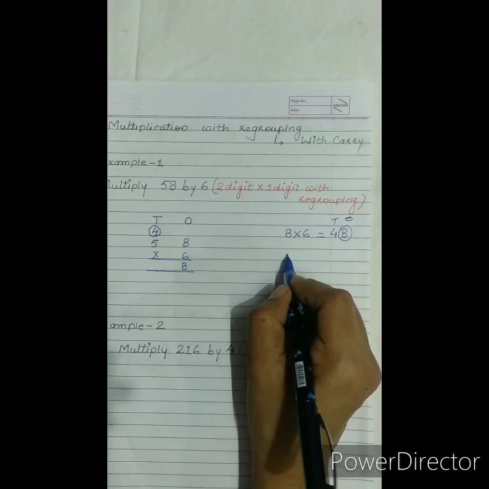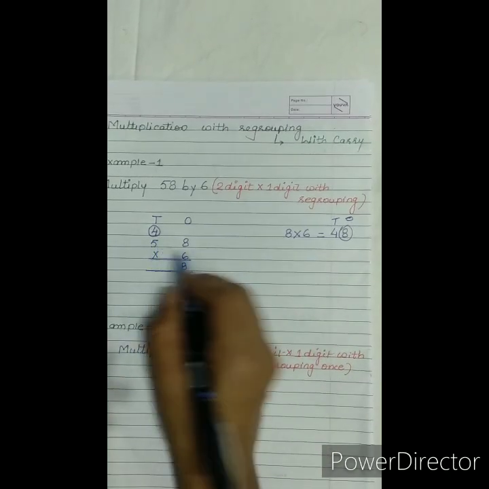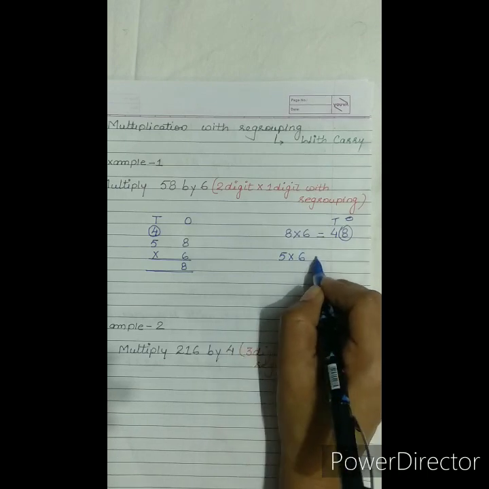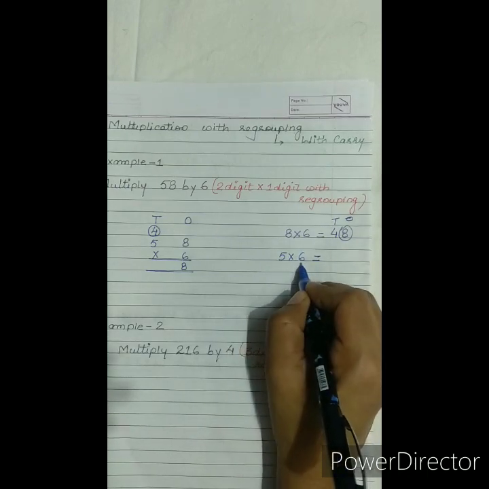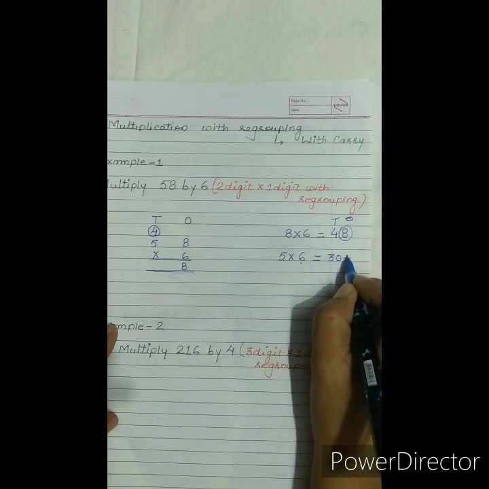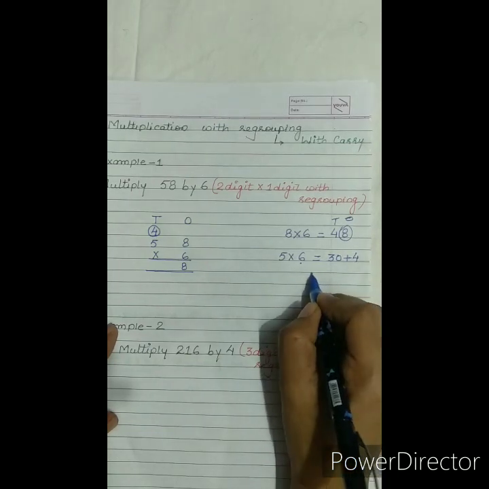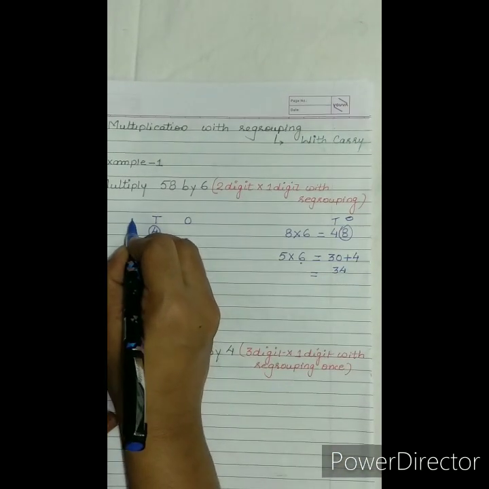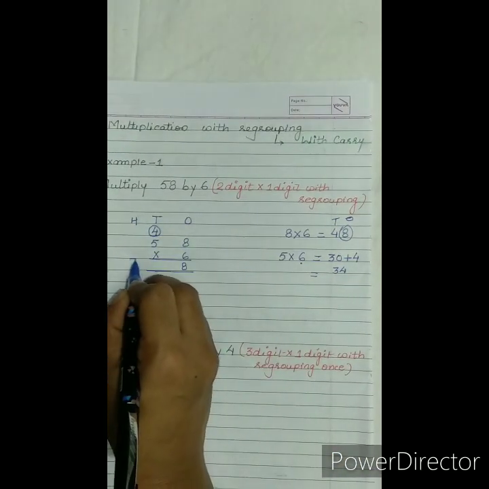Now again we will multiply 6 with the tens place digit. 5 into 6. 6 1 ja 6, 6 2 ja 12, 6 3 ja 18, 6 4 ja 24, 6 5 ja 30. 30 plus carry 4 is equal to 34. So here the hundreds place is also needed.